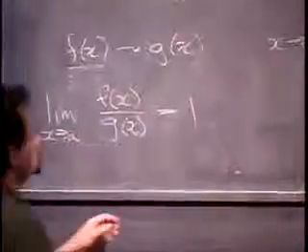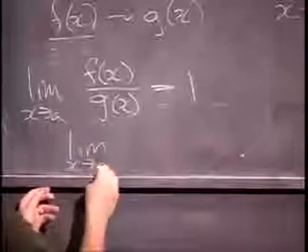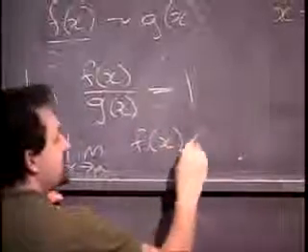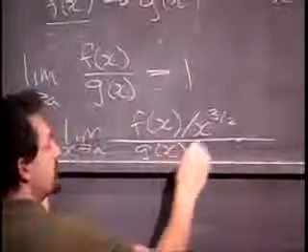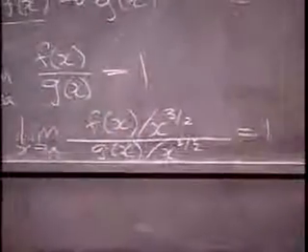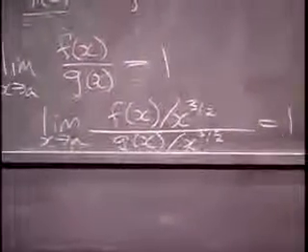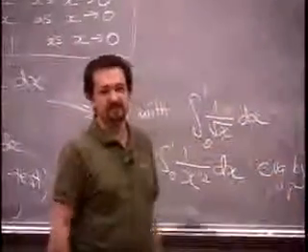But this is also true if you replace this by, say, f of x over x to the 3/2 divided by g of x over x to the 3/2. After all, they just cancel out. So that's why you can multiply by the same quantity, because the asymptotic means that the ratio is near 1. And if you have the same thing on both sides, it just goes away.